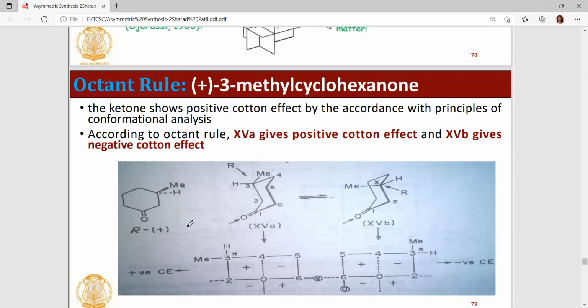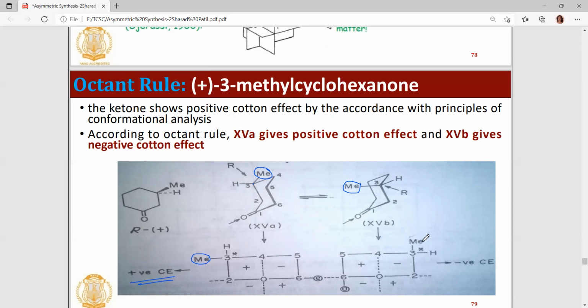Okay, see here. This is the compound, namely 3-methylcyclohexanone. There are two positions: at the 3 position, methyl is at the axial position, and at the 3 position, methyl is at the equatorial position. So what will happen? When methyl is at this position, 3rd number, then there will be positive, right?